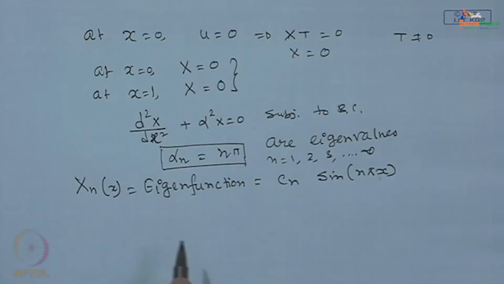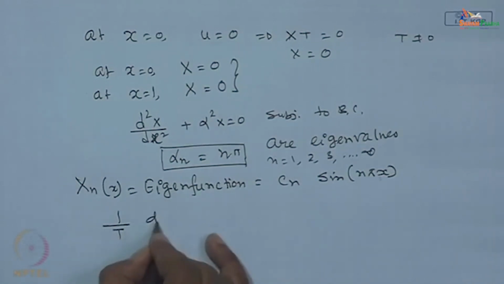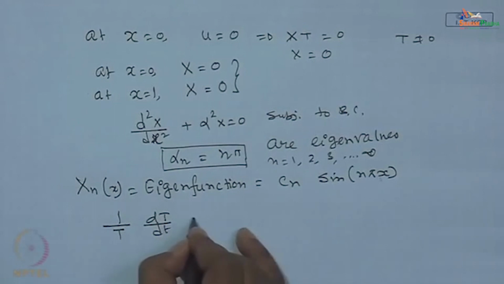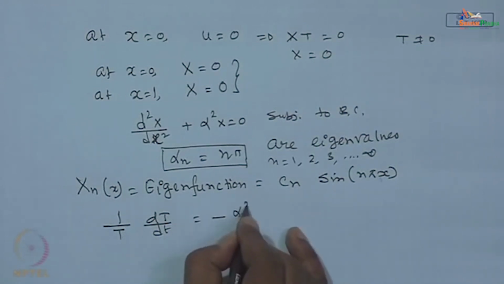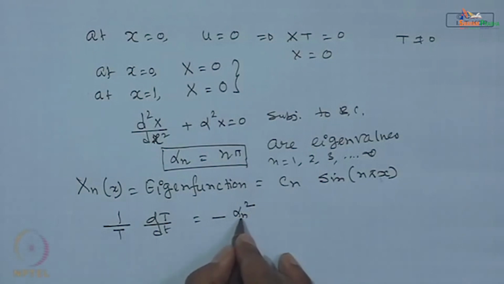Now, we can look into the time varying part. The time varying part is 1 over T dT dt is equal to minus alpha n square. We just put a subscript n there, corresponding to alpha n, for the solution of the time varying part.